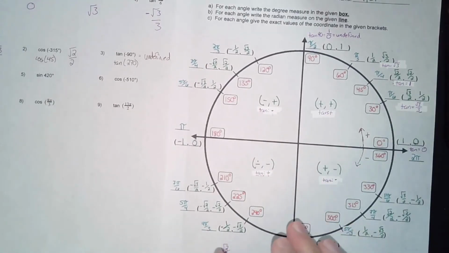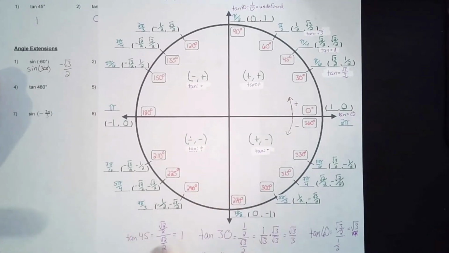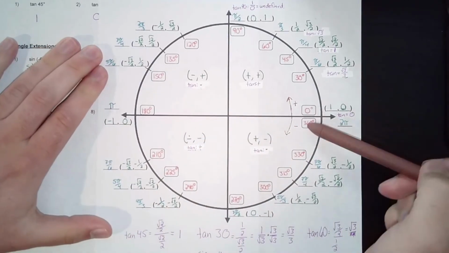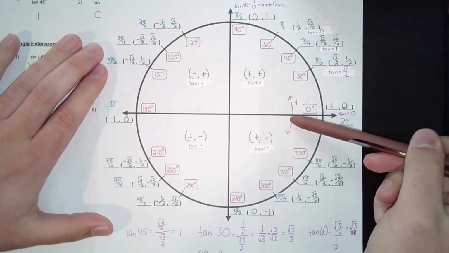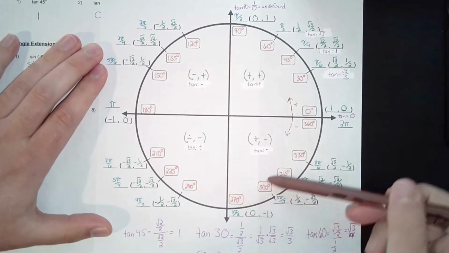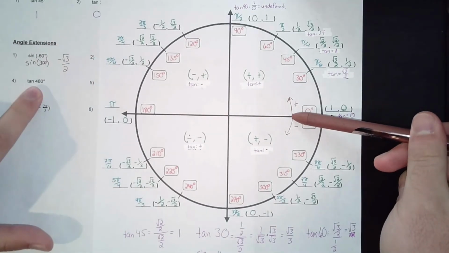Okay. Let's quickly talk about number 4. Number 4, we have tangent of 480. Now the problem with this one is it's actually too big. 480 is not a part of my circle because I only go up to 360. But what we can think is if I go 360 degrees around, I end up back here at 0. That's 360 of my 480.